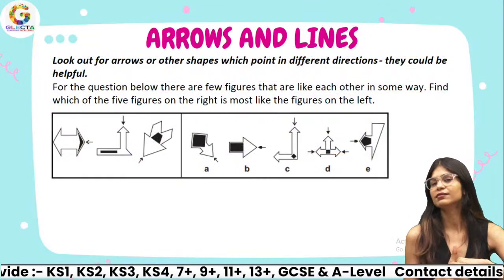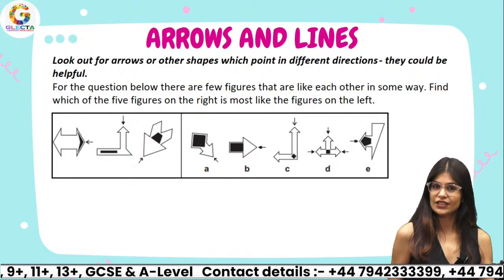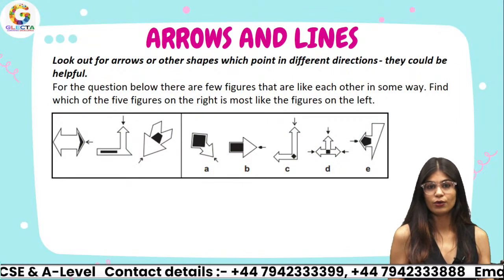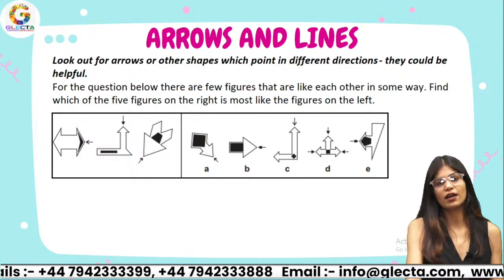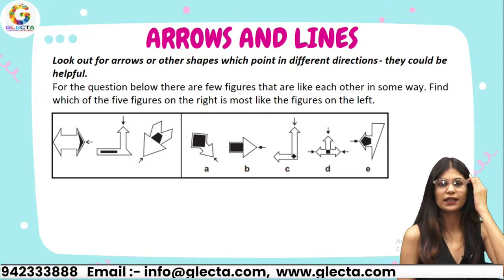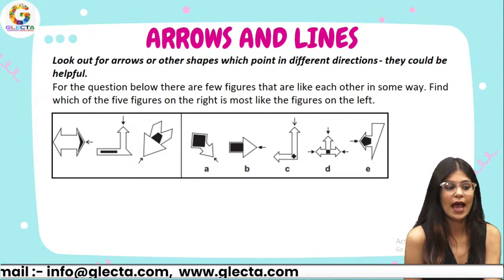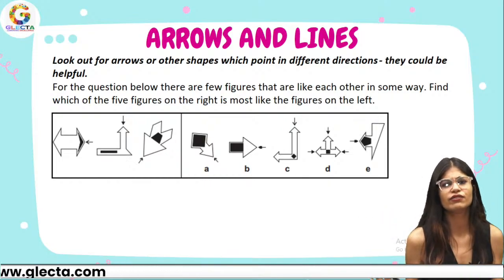Moving on to solving questions for similar shapes and odd one out, but when the question is only regarding arrows and lines. Now lines and arrows are something that kids get confused with a lot. As soon as you see something that has too many arrows, your head gets confused.